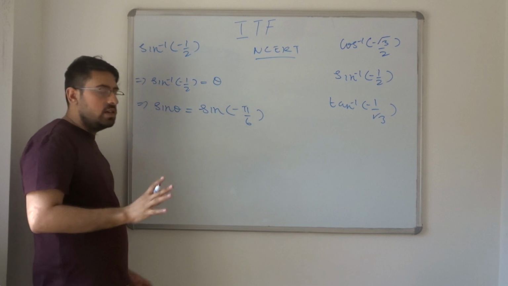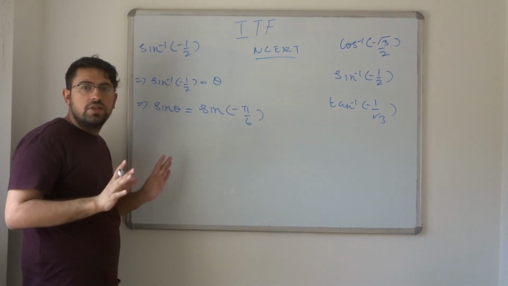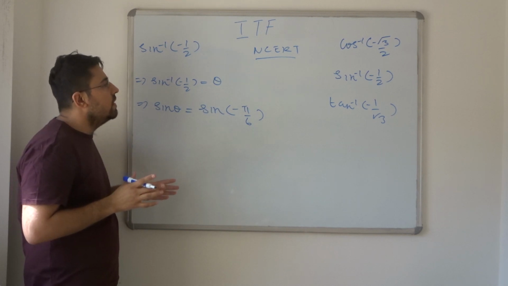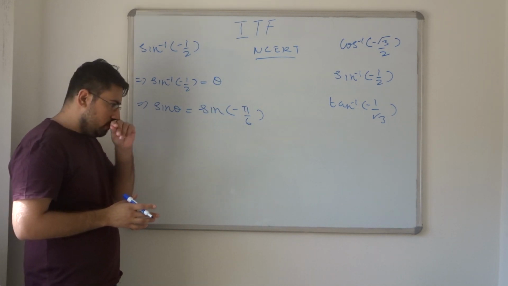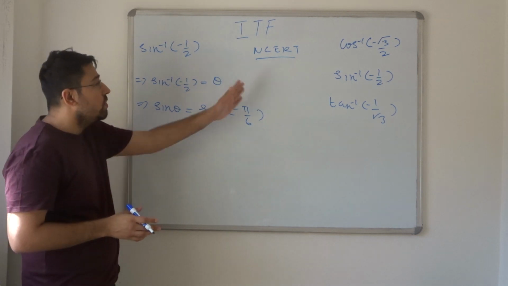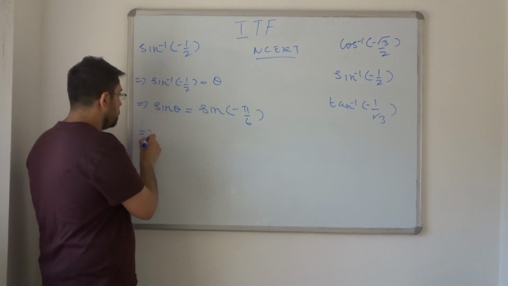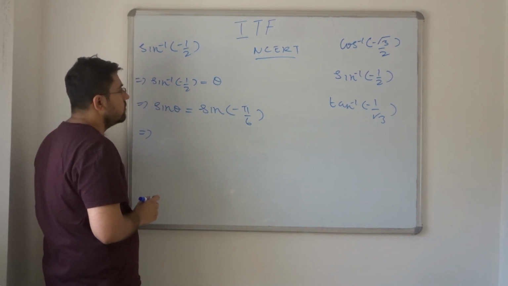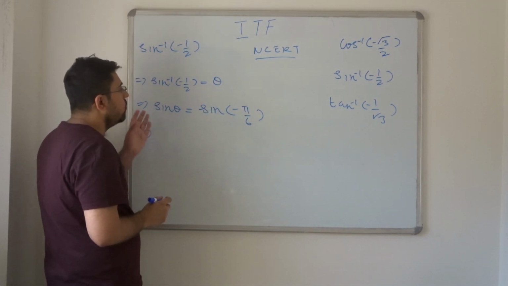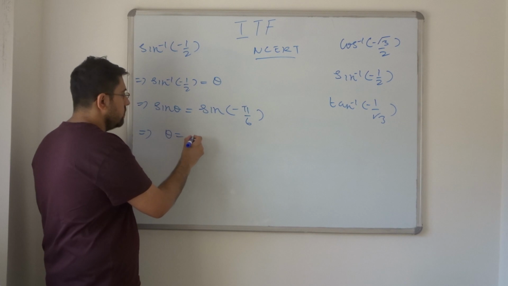So now guys, here we don't have to worry about negatives, because we know what the range is. So basically this is solved. You can't take this any further. So theta is this.